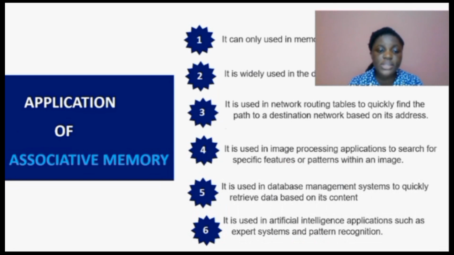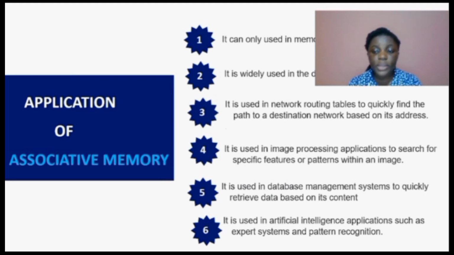So the applications of associative memory. 1. It can be used in memory allocation format. 2. It is widely used in database management systems. 3. It is used in network routing tables to quickly find the path to a destination network based on its address. 4.